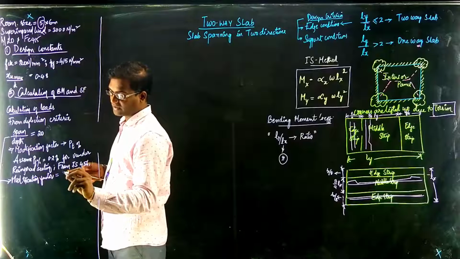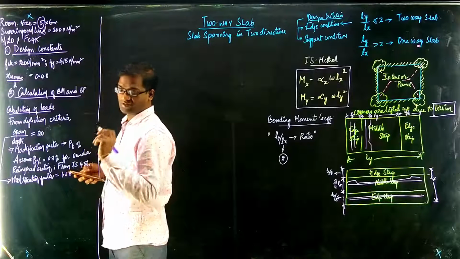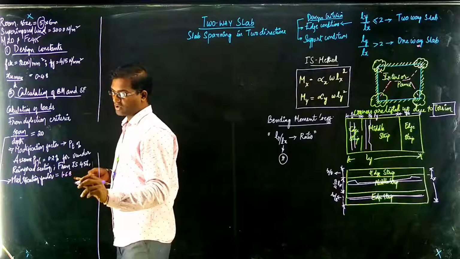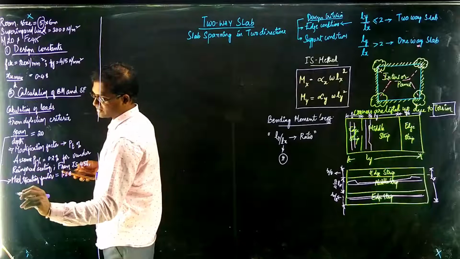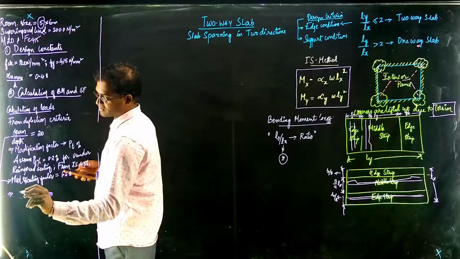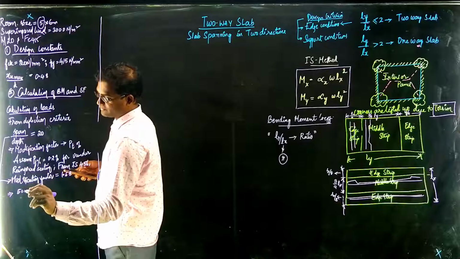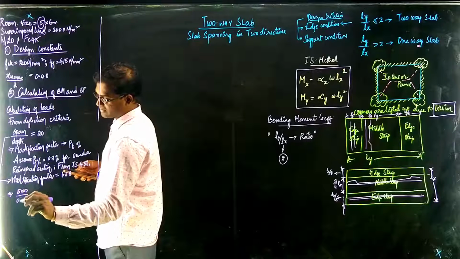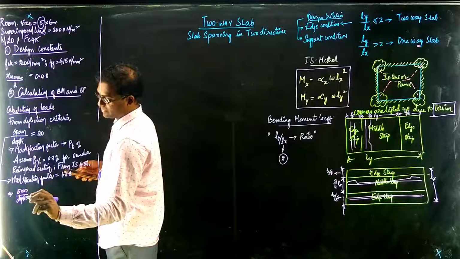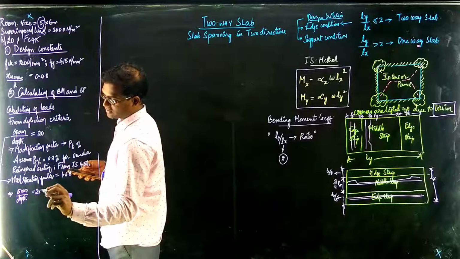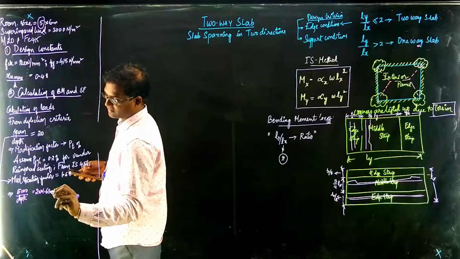It is approximately 1.68 you will get. Now you need to multiply this 1.68. So span is 5000 divided by depth, that is equal to 20 into 1.68.